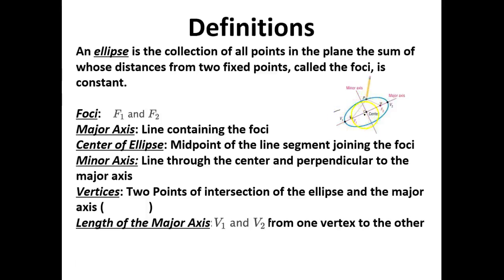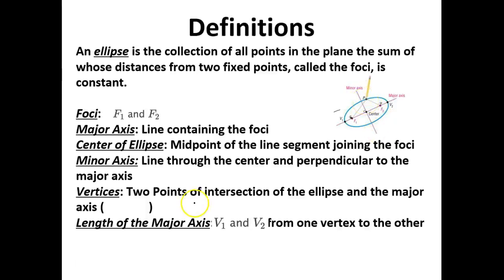The foci are called F1 and F2. The major axis is the line that contains the foci, so whatever line contains the foci, that's the major axis. The center of the ellipse is halfway between the two foci. The minor axis is the line through the center perpendicular to the major axis.